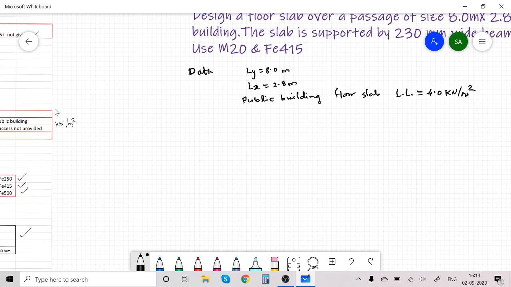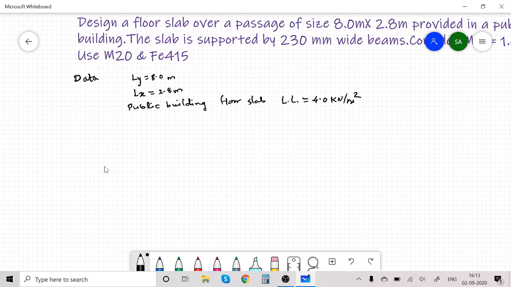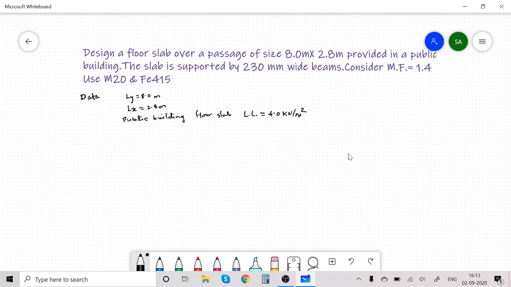The slab is supported by 230 mm wide beam. So width of support is 230 mm. Then it is given that modification factor is 1.4, M20 is the grade of concrete, and grade of steel is Fe415.